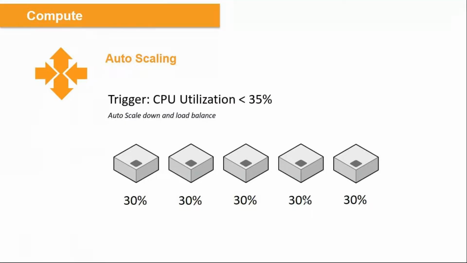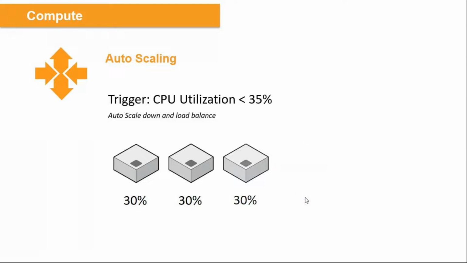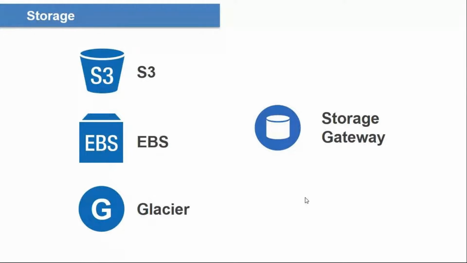When you have mentioned the condition that the load on the single virtual machine is less than 35%, it will automatically scale your virtual machines down to a single machine. So you only need to pay for the extra virtual machine for 1 hour if it ran for 1 hour only.